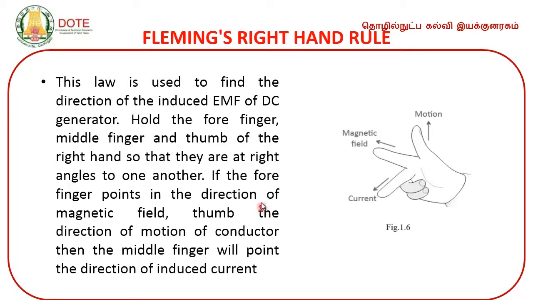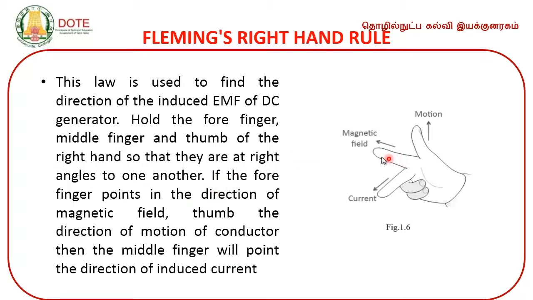Fleming's right hand rule. This law is used to find the direction of the induced EMF of a DC generator. Hold the forefinger, middle finger and thumb of the right hand so that they are at right angles to one another. If the forefinger points the direction of magnetic field, this is the forefinger.